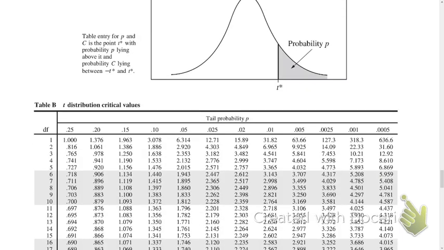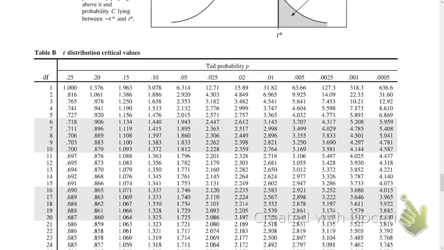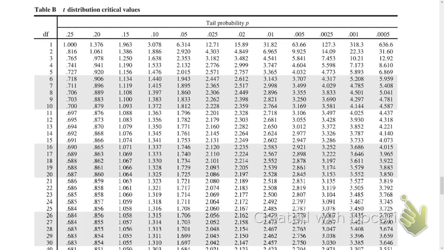It's symmetric. But all of these rows here are T curves. So like that is one T distribution. And here's another, here's another, here's another. And as N increases, it approaches the Z distribution.